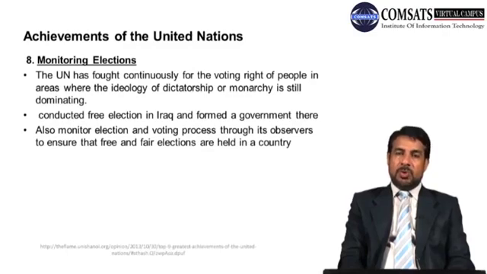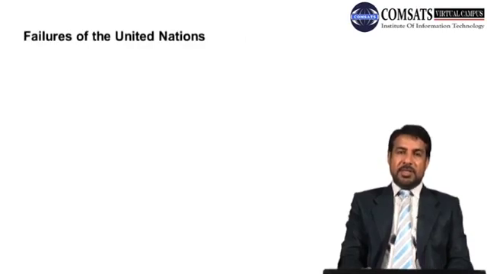So this was overthrown and it was replaced by a democratic government, and the United Nations' achievement is to conduct that election and to see that the elections are free and fair. It also monitors elections and voting process through its observers to ensure that free and fair elections are held in a country. So with this, we have come to the end of the achievements of United Nations.